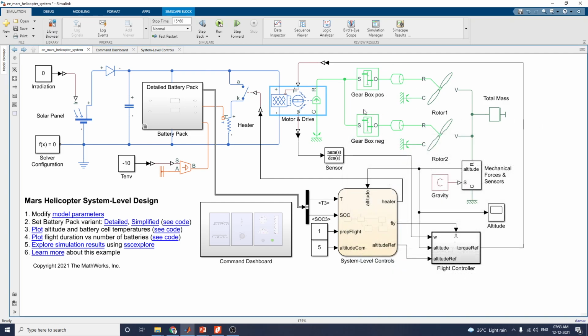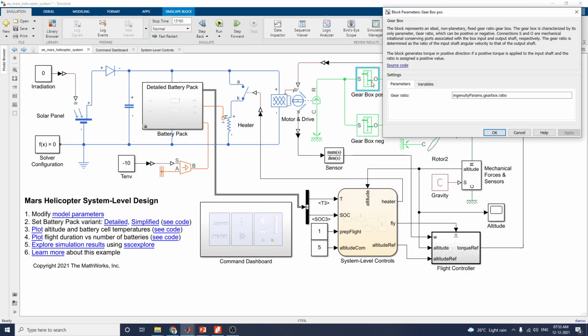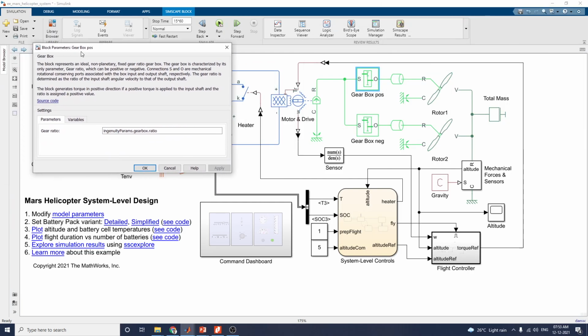Next are the two gearboxes. This block represents an ideal non-planetary fixed gear ratio gearbox. The gearbox is characterized by only one parameter, the gear ratio, which can be positive or negative. The first one is a gearbox positive and the next one a gearbox negative.